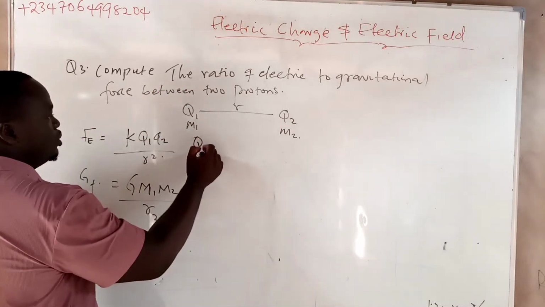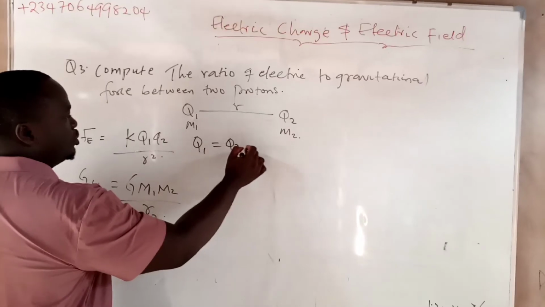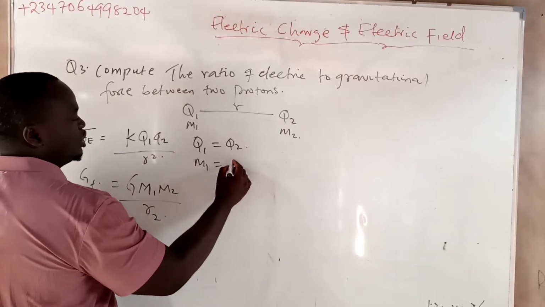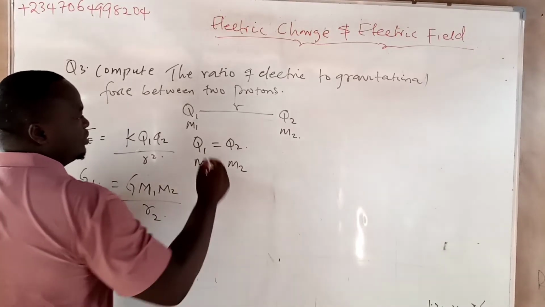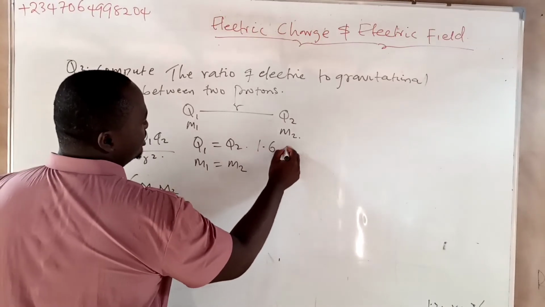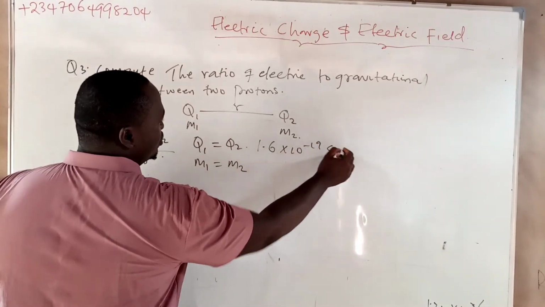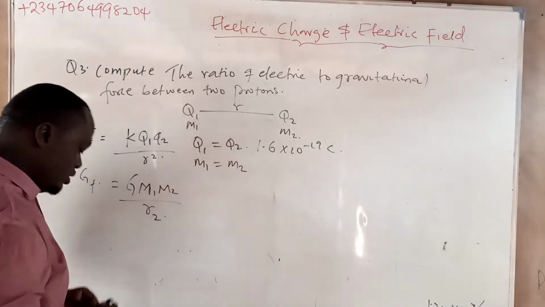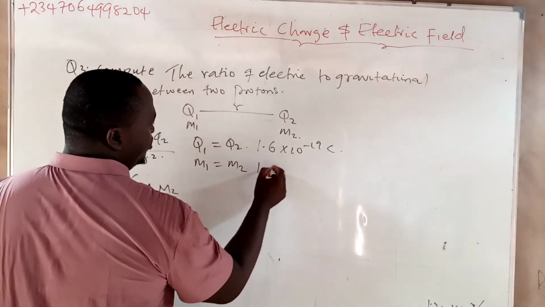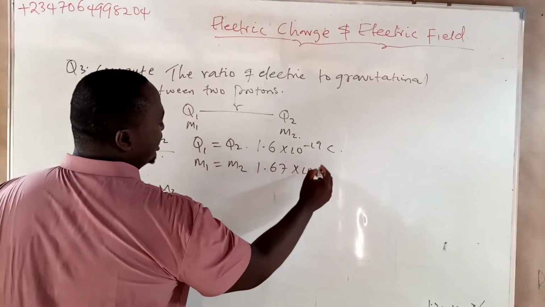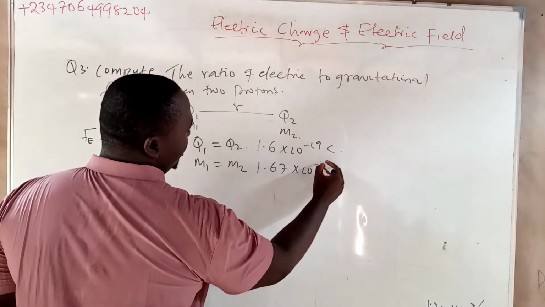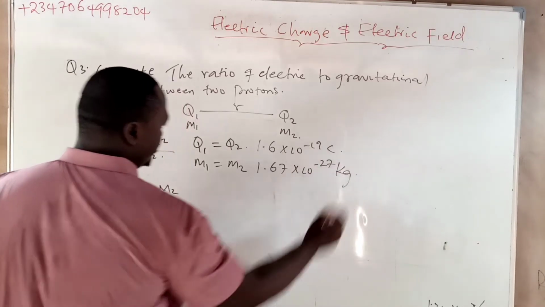So Q1 is equal to Q2 and M1 is equal to M2. Now, this is 1.6 times 10 to the power of minus 19 coulombs. The mass is 1.67 times 10 to the power of minus 27 kg.